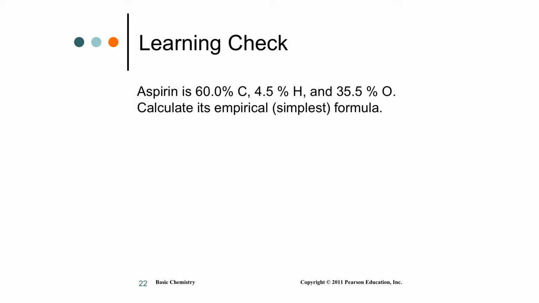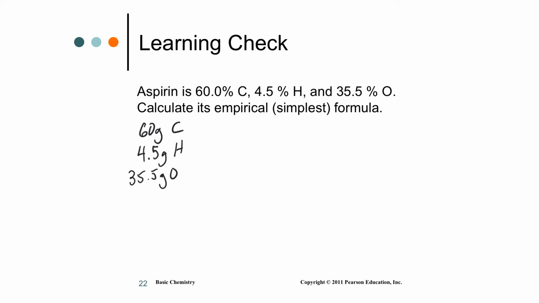Since it says percent, I'm just going to use 100 grams. Okay, a percentage means parts of 100. So instead of using another amount that I could pick, like any amount, I'm going to make it easy and say 100, and if 60% is carbon, then that means 60% of 100 is 60 grams would be carbon. 4.5% is 4.5 grams of hydrogen, and 35.5% is 35.5 grams of oxygen.